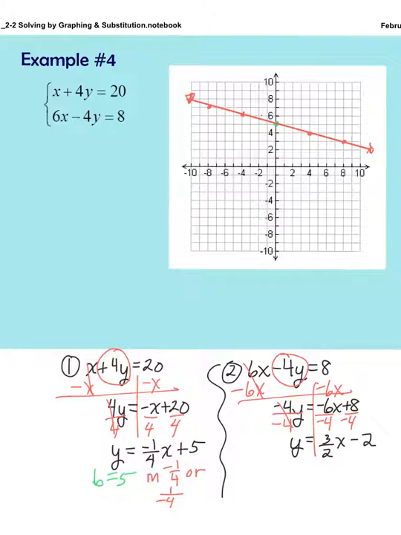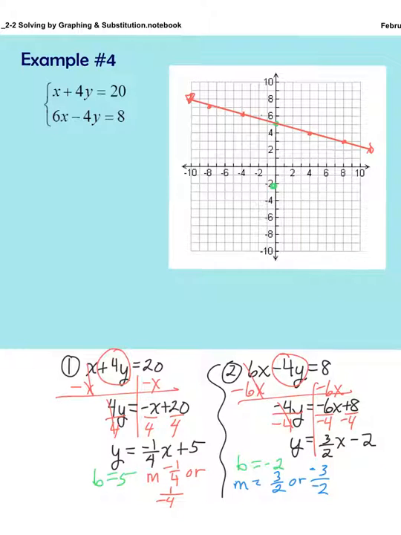So my y-intercept is -2, and my slope is 3/2, or -3 over -2. So let's start at the y-intercept at -2.